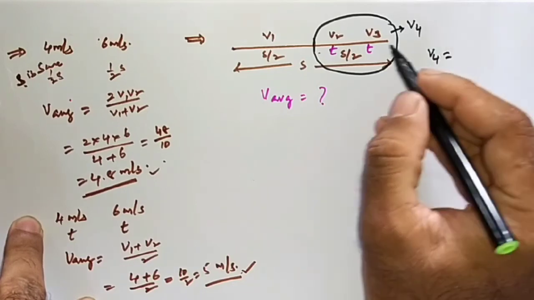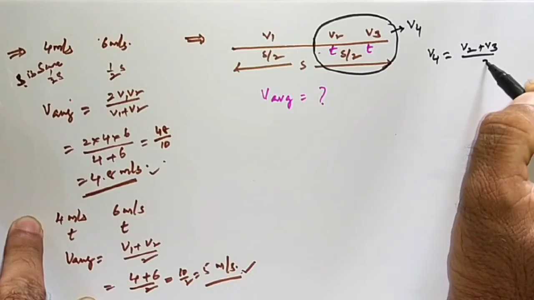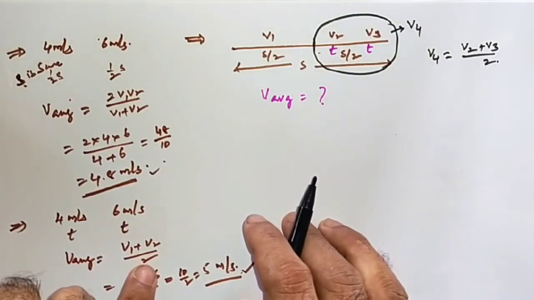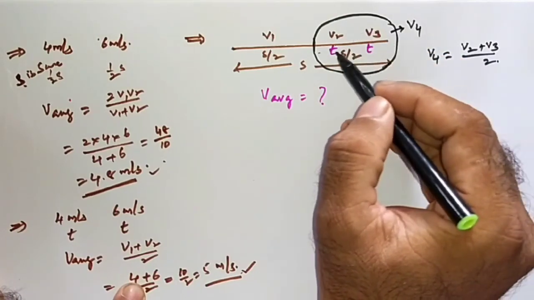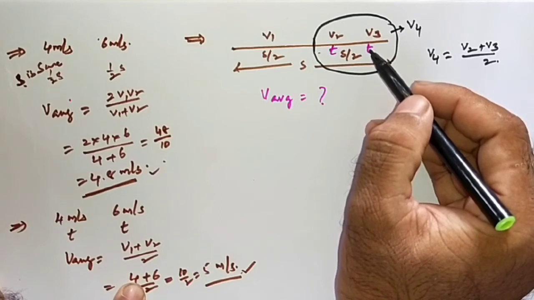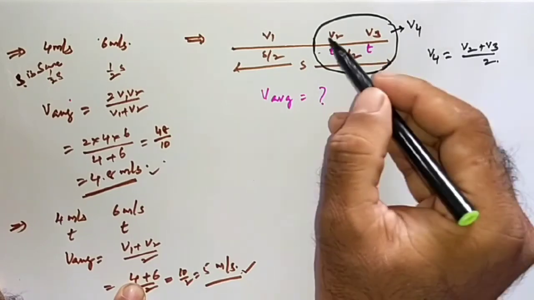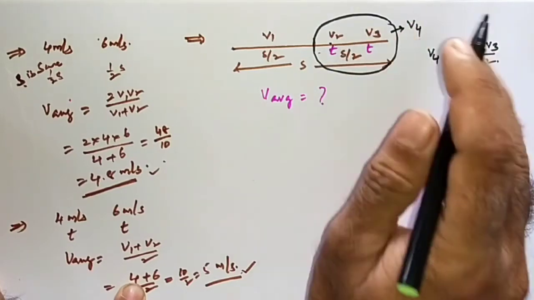As the time intervals are the same, it is (v2 + v3) by 2. Only this part you take. When time intervals are equal, the average speed formula is (v2 + v3) by 2. Now it is v4. Forget about that.